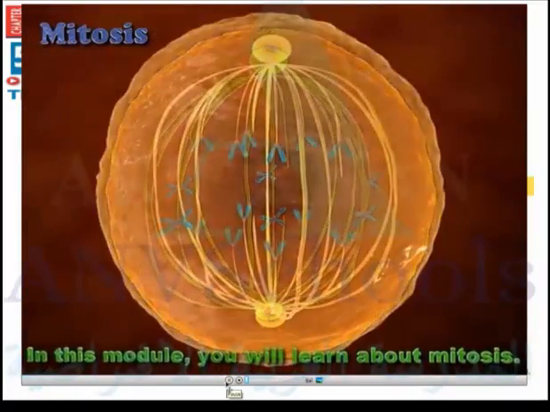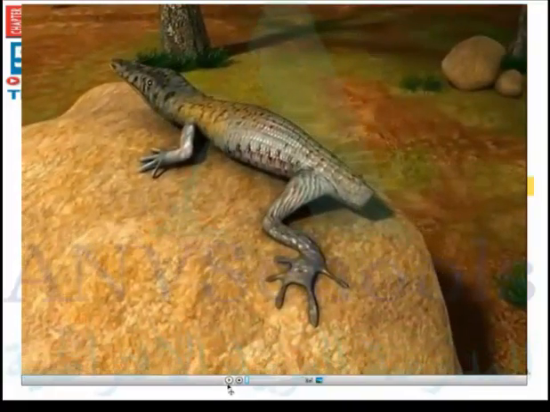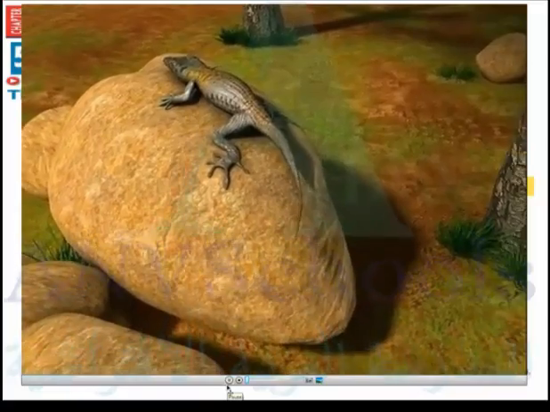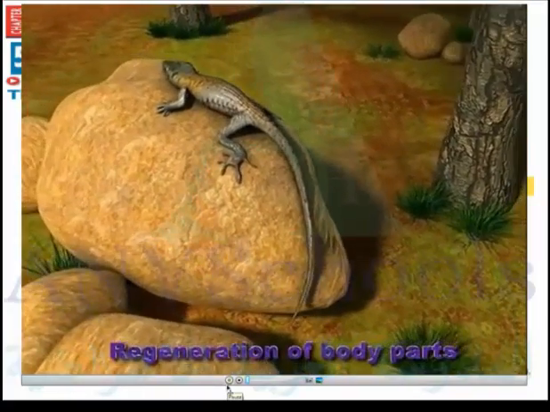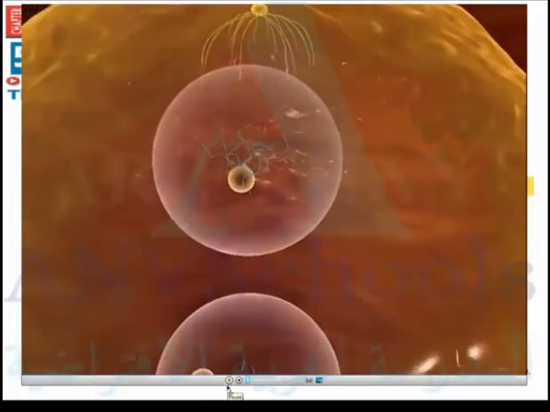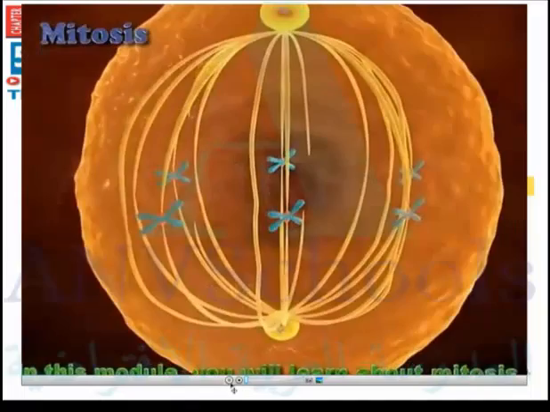So mitosis is the division of a cell into two cells.